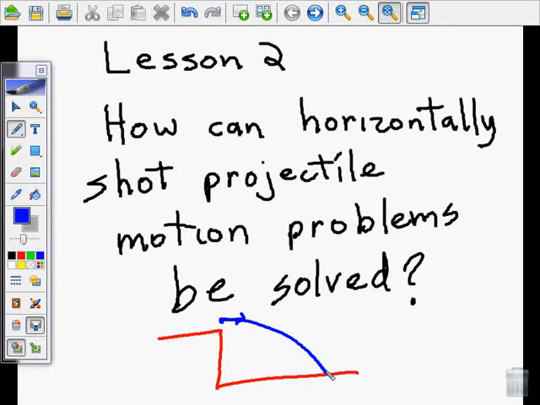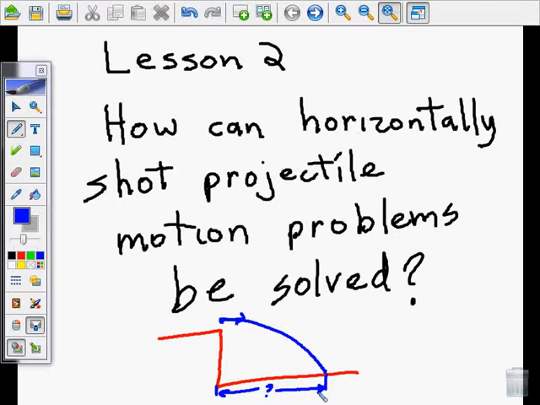And we're going to solve things like how far from the base of the cliff does the projectile go? How much time does it take while it's in the air? What's the final velocity right before it hits the ground? Things like that. The bottom line is the answer to this question is rather simple.